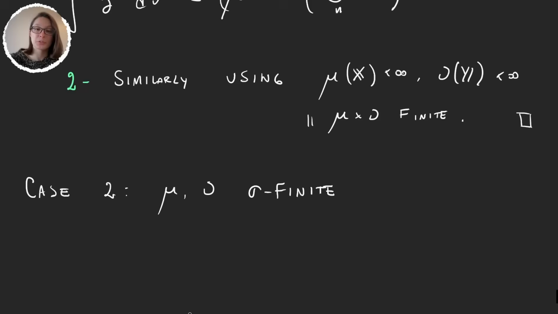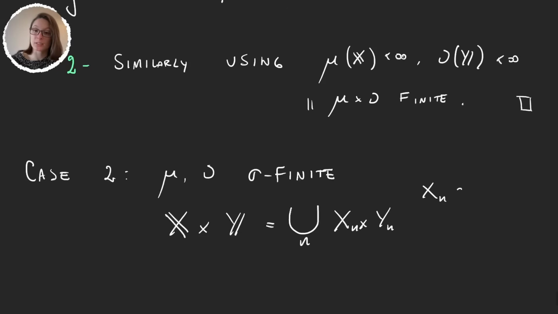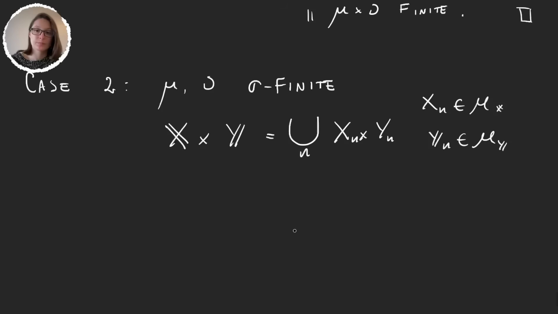If these measures are sigma-finite, then the product measure will be sigma-finite, and the product space can be written as an infinite union of sets Xn times Yn, where each Xn is in the sigma algebra of X, each Yn is in the sigma algebra of Y, and they satisfy that the measure of each of them is finite.